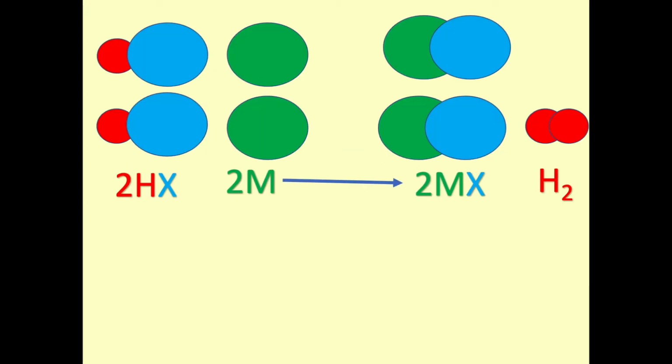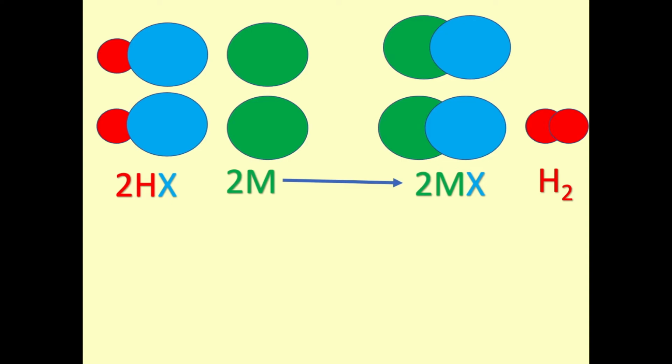So we can also consider our reaction in terms of the particles that are reacting. So here we have our acid particles being represented by H and X. So a hydrogen atom attached to a non-metal that's represented by X, and that will vary depending on what type of acid we have, but we always have those hydrogen particles present.